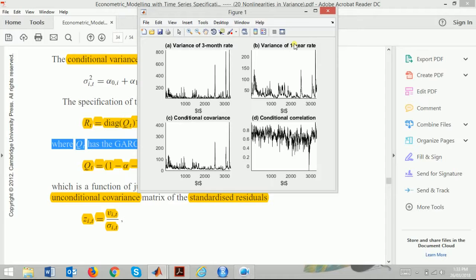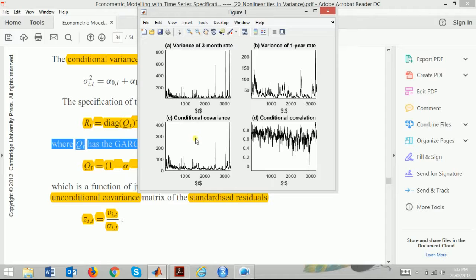When we updated our conditional covariance, this is what it gives. We just take the columns and plot them. That's all. 1-year rate, conditional covariance, conditional correlation matrix.